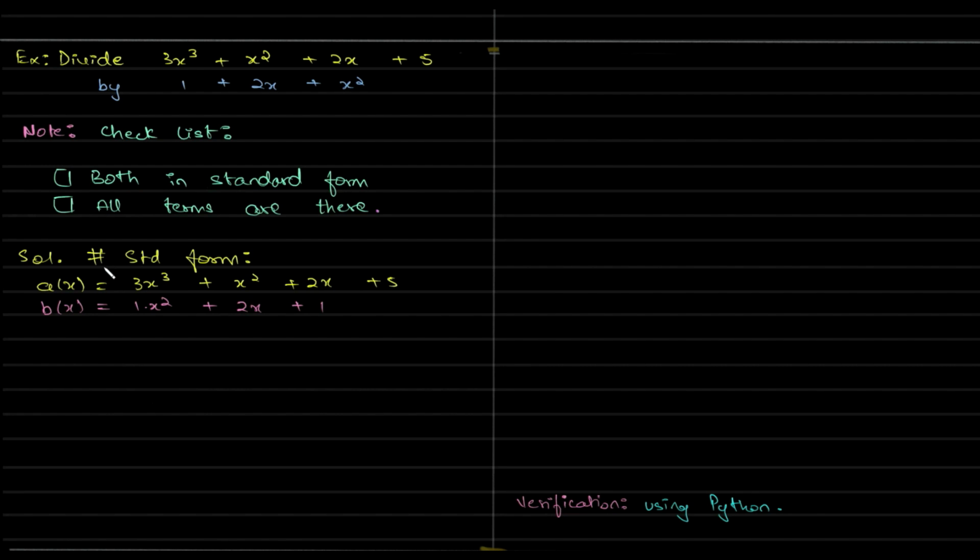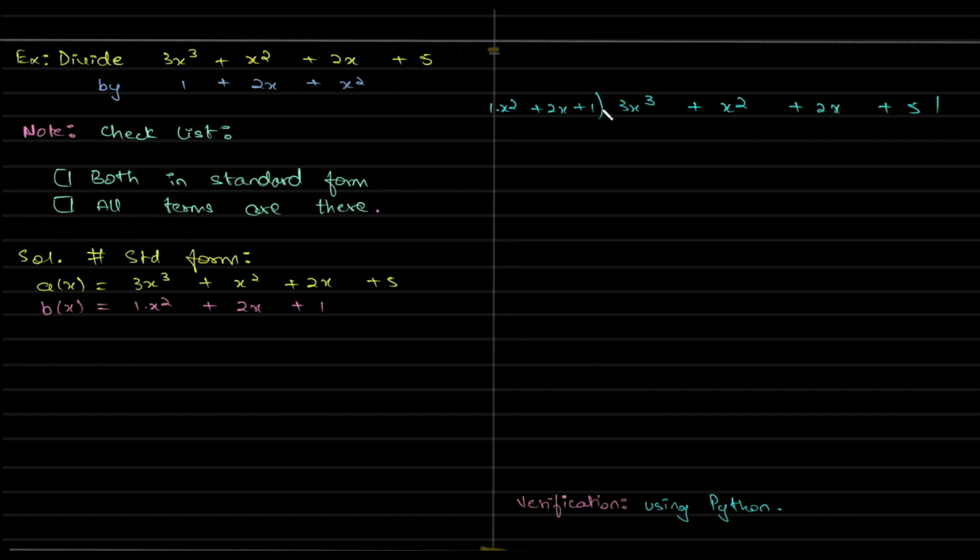So that's your standard form. Now the division itself. Remember, the division requires a good amount of space, so always start dividing in a place where you have good length and breadth space. So let me start off over here. 1x square plus 2x plus 1 dividing 3x cube plus x square plus 2x plus 5.